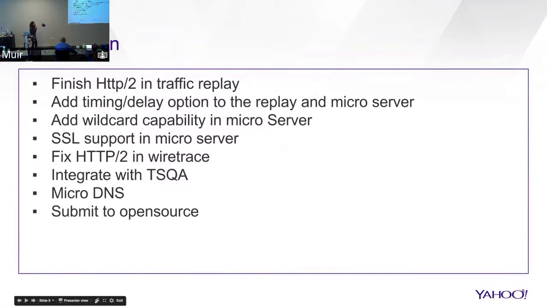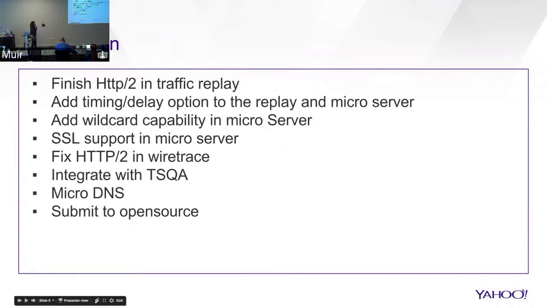And then I plan to add timing and delay option to the replay and microserver. So I have timestamp information from the wire trace, from when the wire trace logged the request and response blocks. From that, I can intuitively add timing and delay option to the replay and microserver.